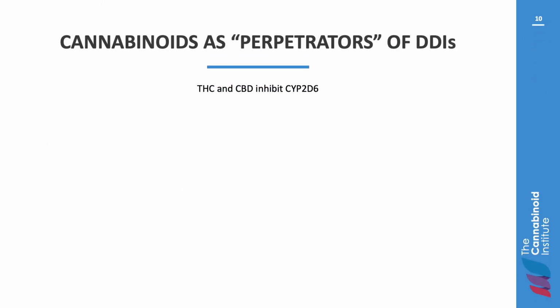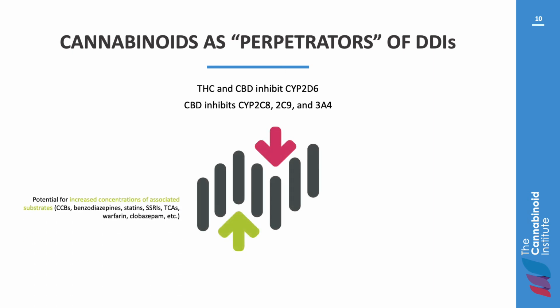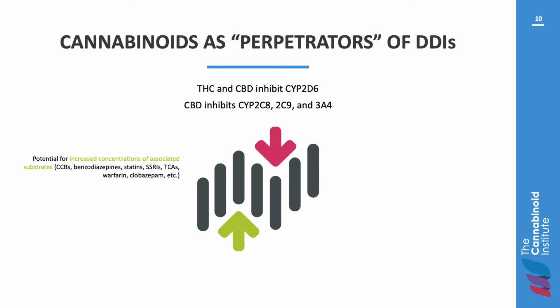THC and CBD both inhibit cytochrome P450 2D6, and CBD inhibits the 2C19, 2C9, and 3A4 family of enzymes particularly potently. There is a potential for increased concentrations of associated substrates of these enzymes, including calcium channel blockers, benzodiazepines, statins, SSRIs, tricyclic antidepressants, warfarin, and clobazam, among others.